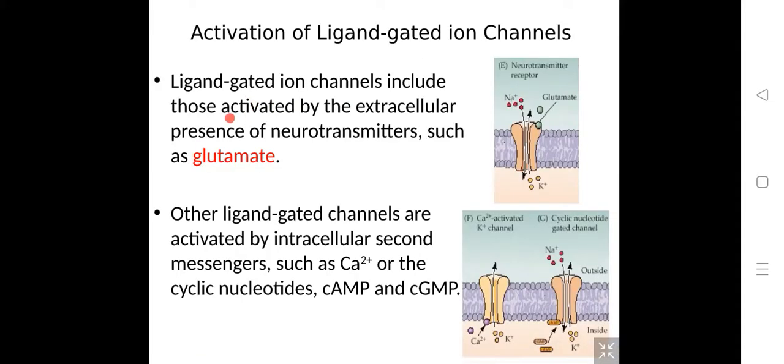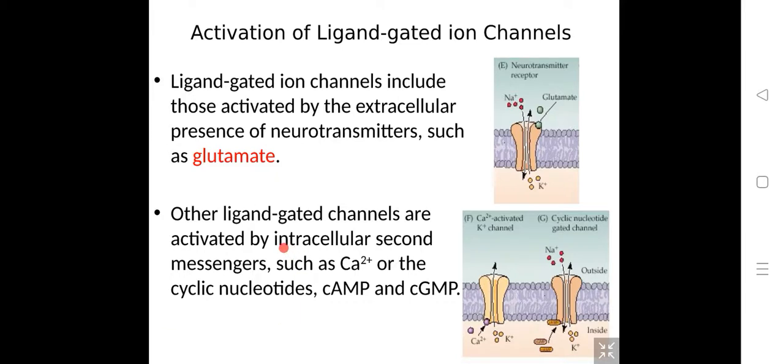So ligand-gated ion channels include those that have been activated by the extracellular presence of neurotransmitters, and those activated by second messengers such as cyclic adenosine monophosphate or cyclic guanine monophosphate, cyclic AMP or cyclic GMP.